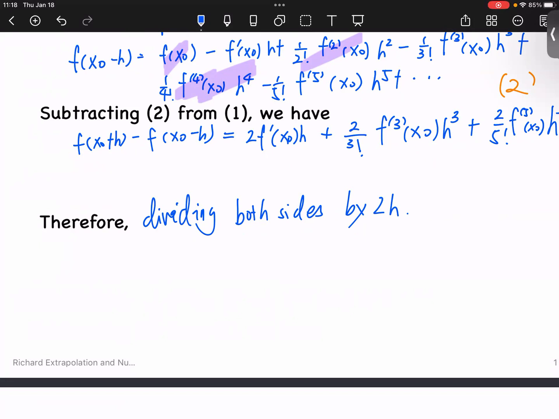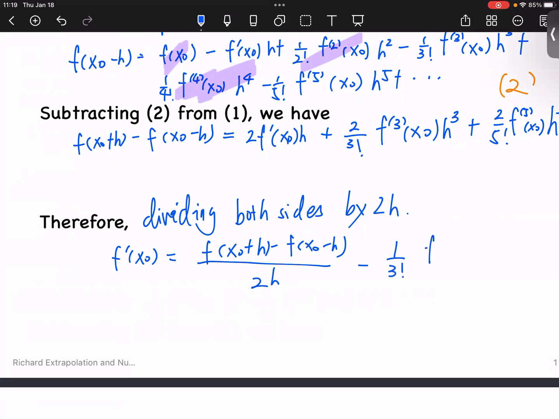And then I got f prime(x0) equals to, so I'm going to divide both sides by this 2h. And this is something you have already seen before. This is just the center difference formula. And the terms coming after it are the error. It's the error if you're using the center difference.